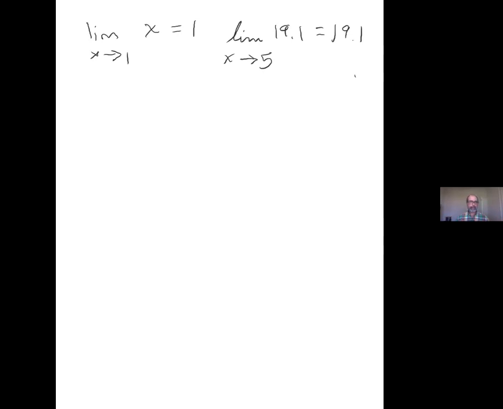So these are basic limits, but they're also part of what's called limit laws, which is what this video is about. We're going to actually do 2 videos, so this is kind of like part 1 of limit laws. While it's great to have tables and graphs, and that's a really great way of seeing what the limit is, sometimes it doesn't give you the precise answer.